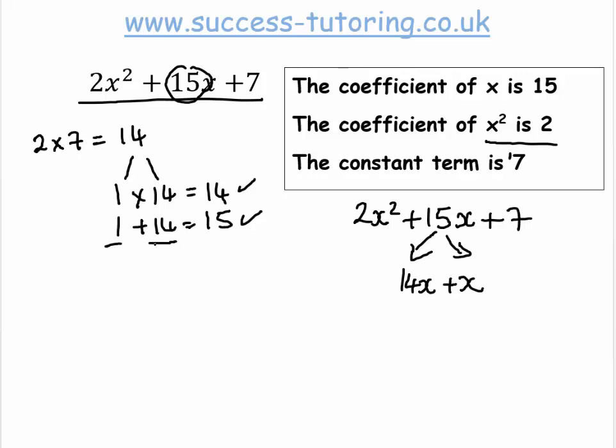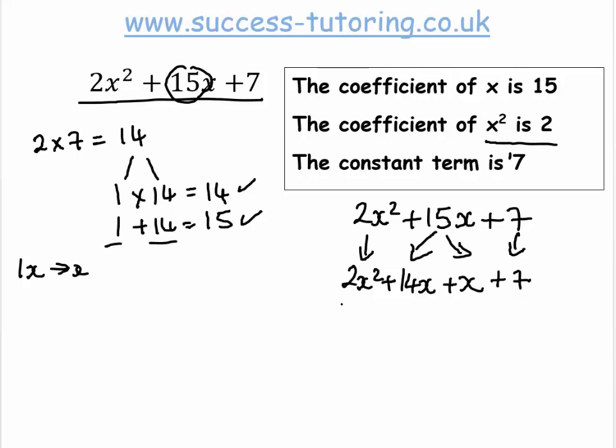Here we are. 1. Okay, we don't write 1x, we just write x. Just so you know, that's where this has come from, because 14x plus x will give me 15x. I'm going to bring down the 7 and bring down the 2x squared. Make sure your signs are correct.